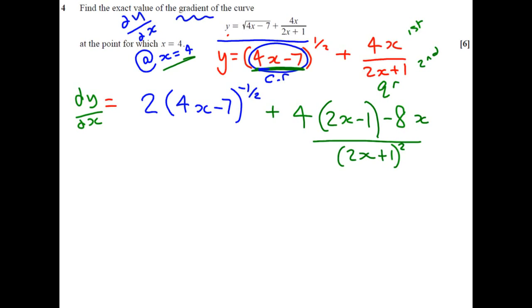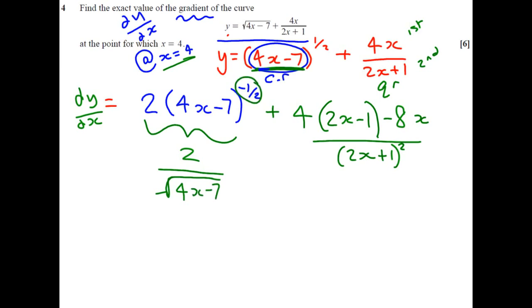Personal choice here. You could start to simplify that yourself, or you could put that all into a calculator. I would actually just write this as what it is when you're going to put it in your calculator, which is the square root of 4x minus 7, because the negative power takes it to the bottom.